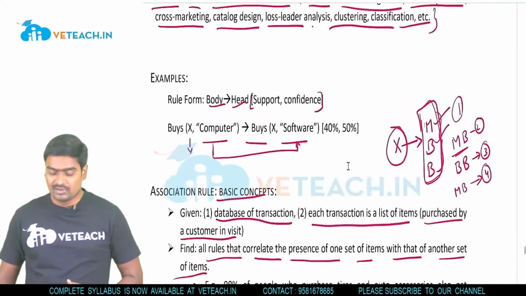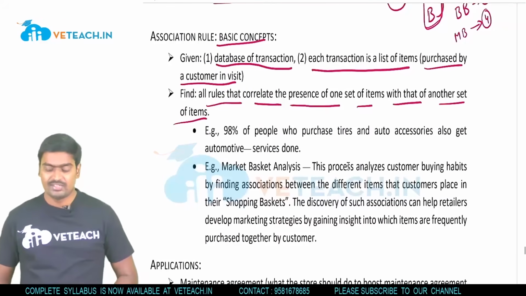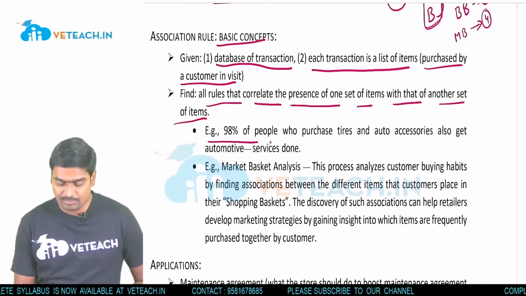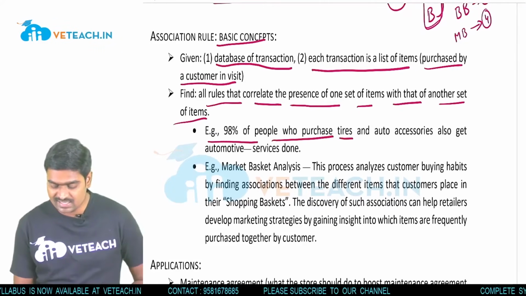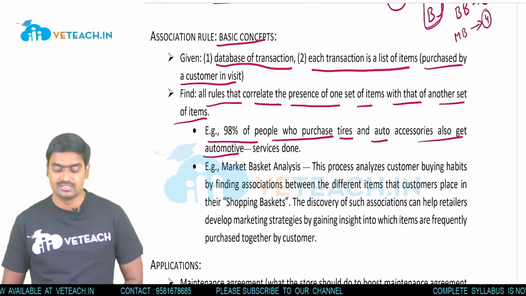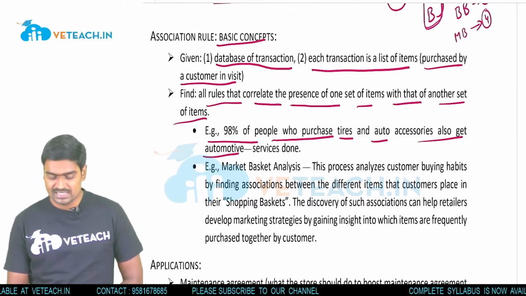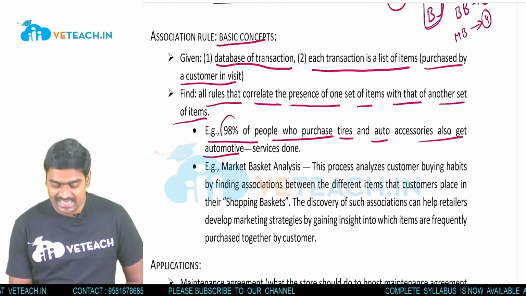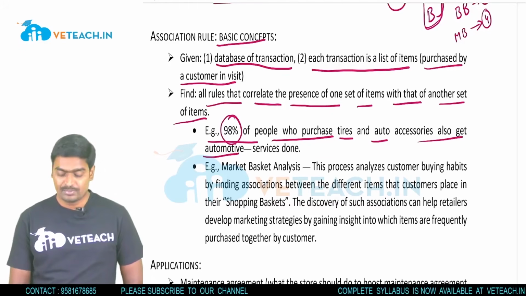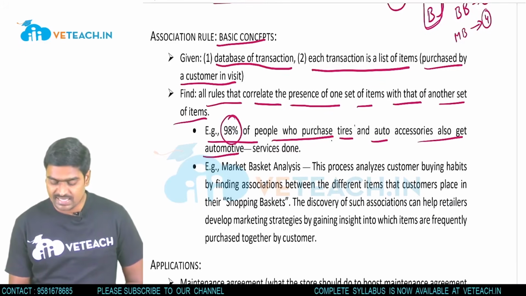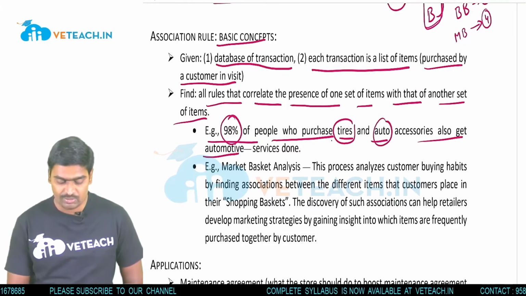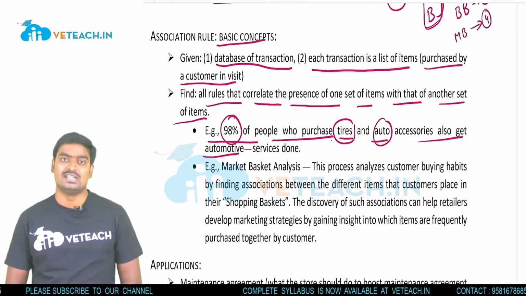Whenever we generate frequent item sets, for example, 98% of the people who purchase tires and auto accessories also get automotive services done. That is a simple example.